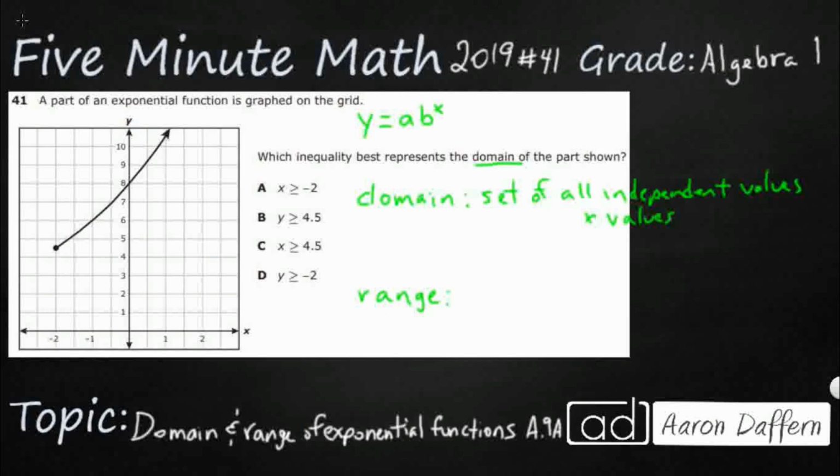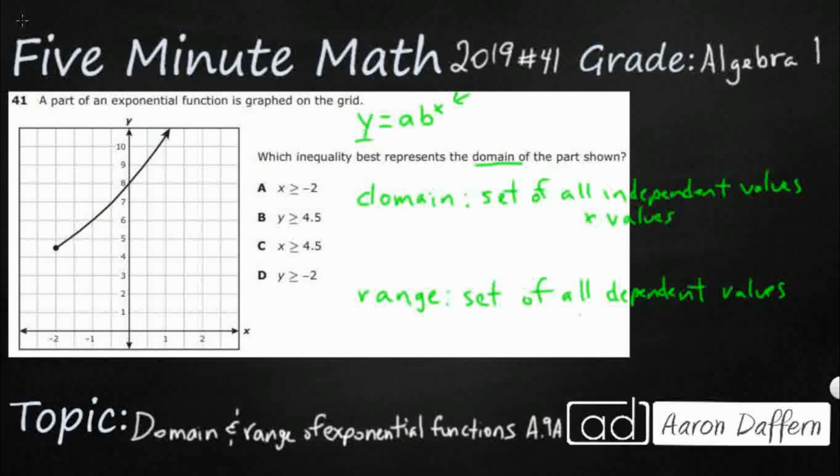And the y then is going to be our range. That's our set of all possible dependent variable values. Because typically in problems, especially in this one, we'll give you the a and the b and the x, and then you have to calculate for y, right? And that y depends on the a and the b and the x.